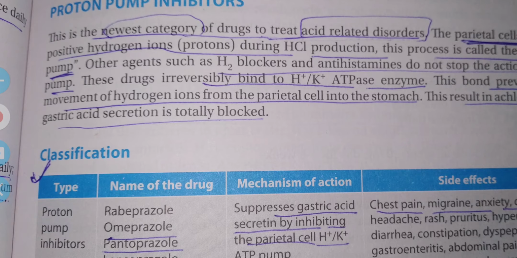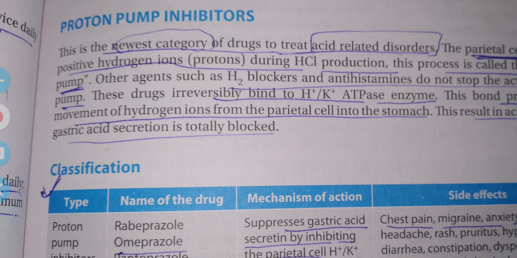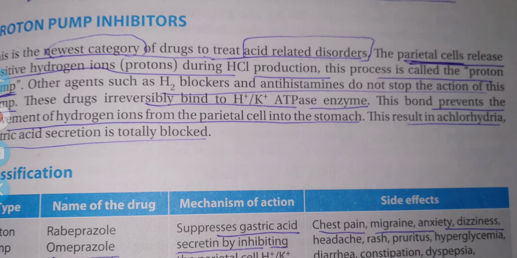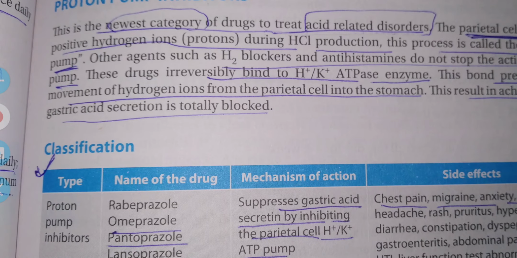The histamine type 2 blocker blocks the histamine, and the proton pump inhibitor blocks the H plus/K plus pump in the parietal cell. Parietal cells release positive hydrogen ion during HCl production, and this is called the proton pump.